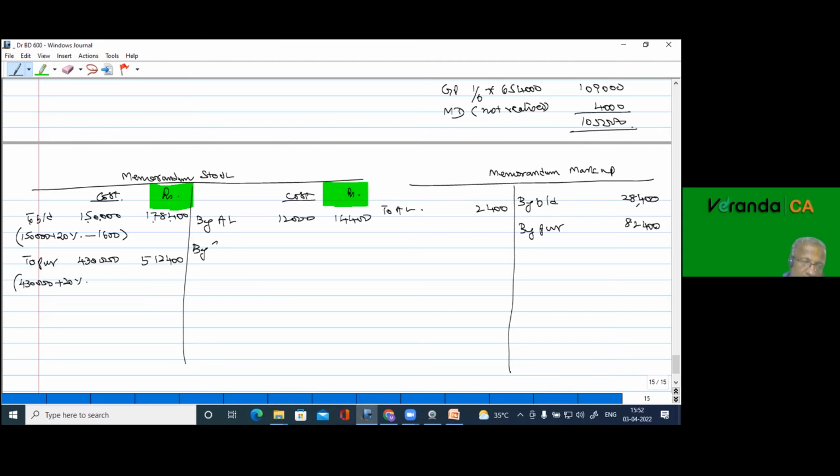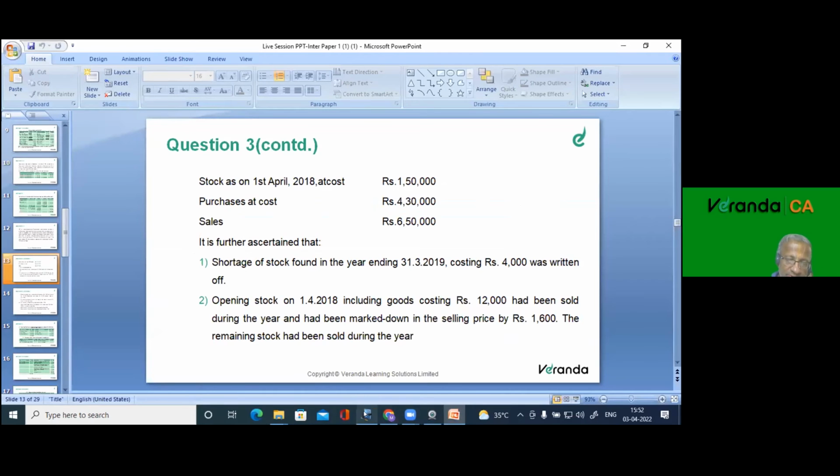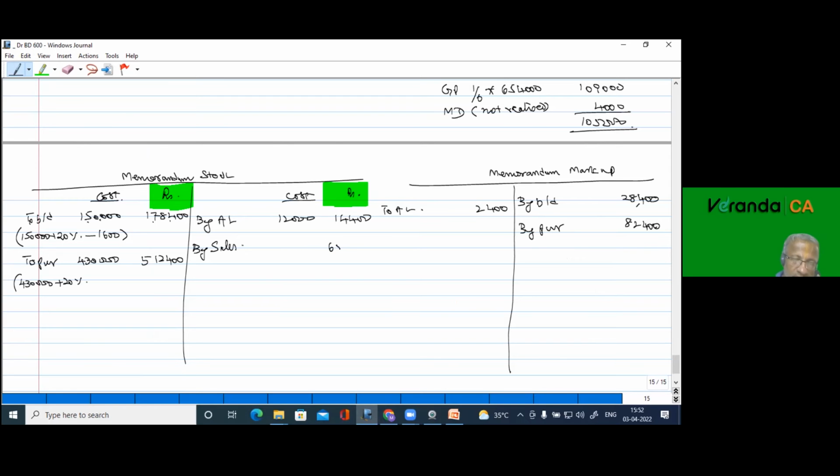By sales 6,50,000. To balance carry down.